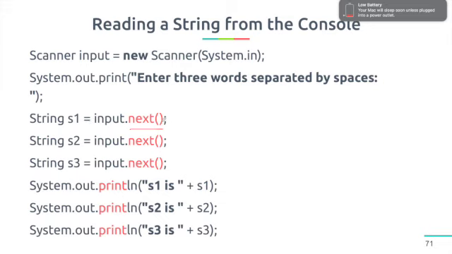This will allow the user to enter the first value and store it in s1, then the user will enter the second value, which is also a word, and store it in s2, and the user will enter the third word and store it in s3.